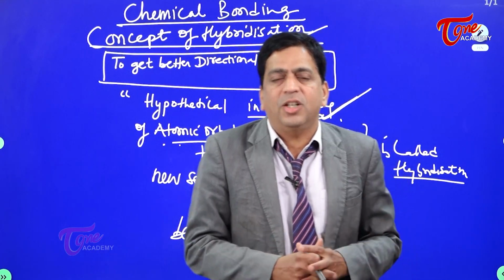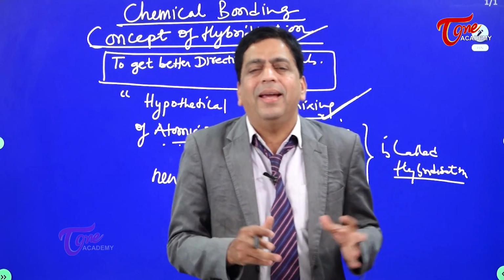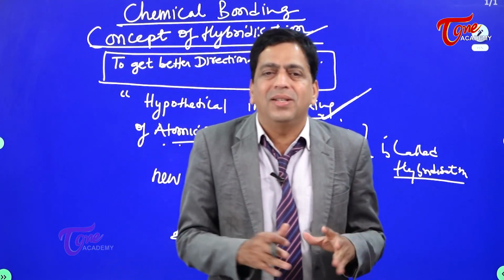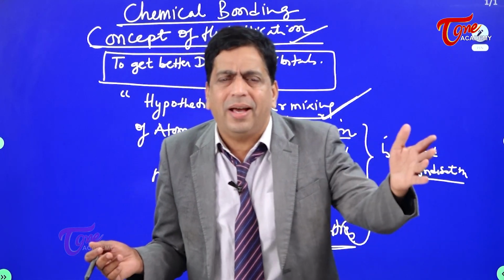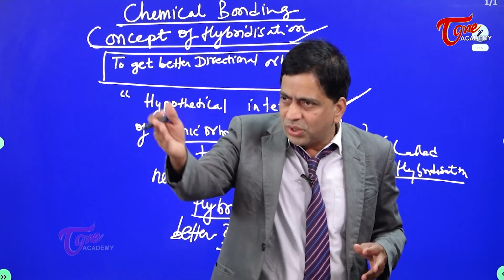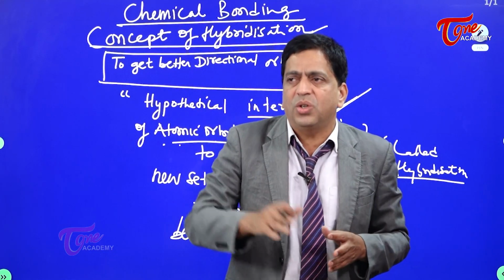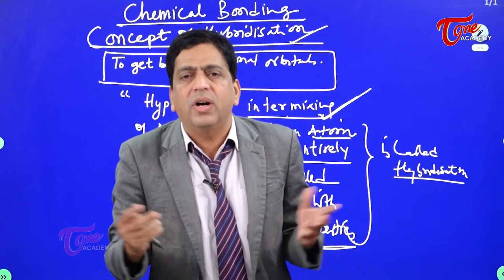When I say better directional properties, I'm implying that before bonding itself, the bond angle is fixed. What is directional property? You're going through a certain direction. You're overlapping through a certain direction, and the direction is fixed. When I say the direction is fixed, the bond angle is fixed.